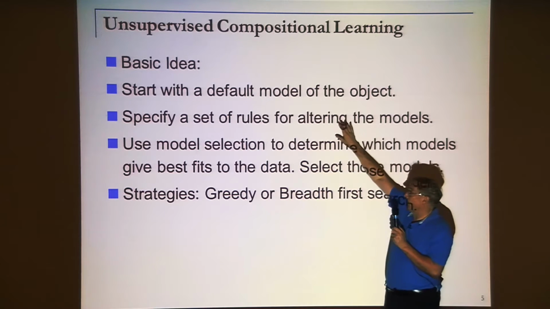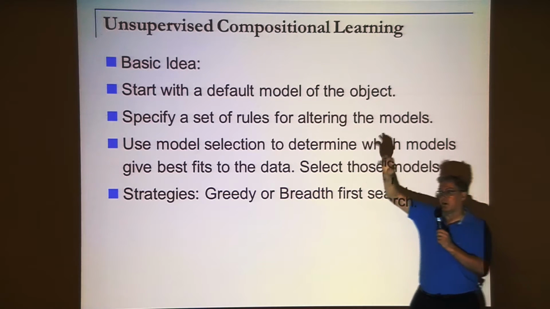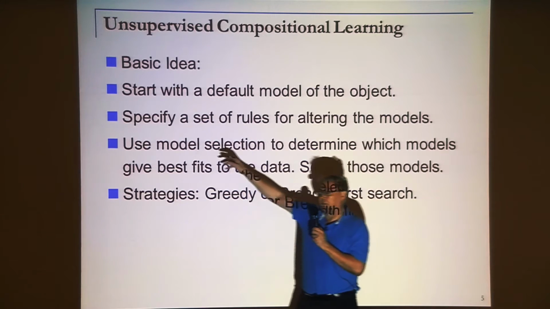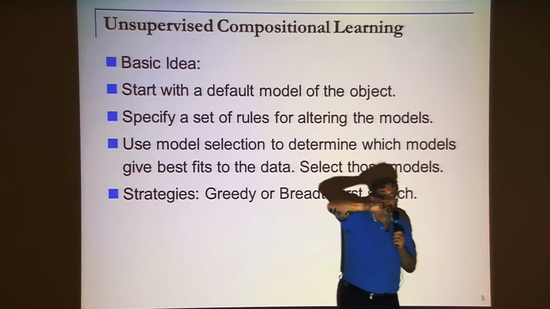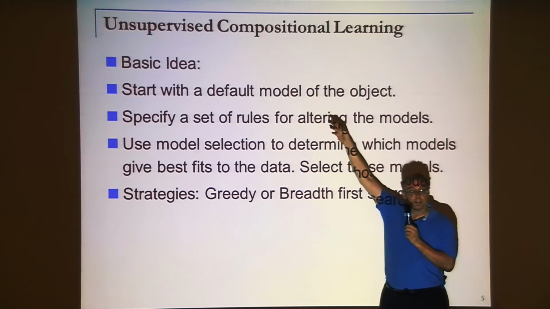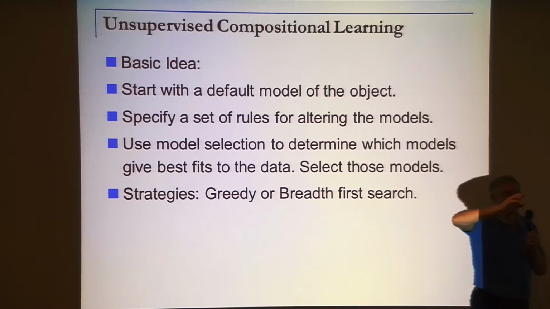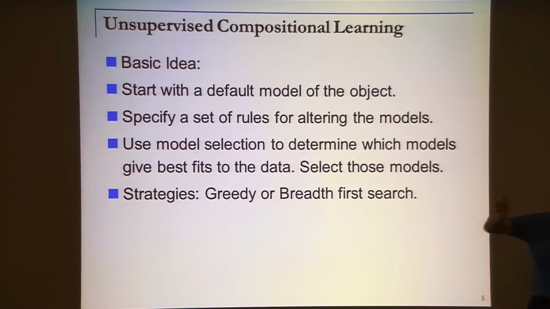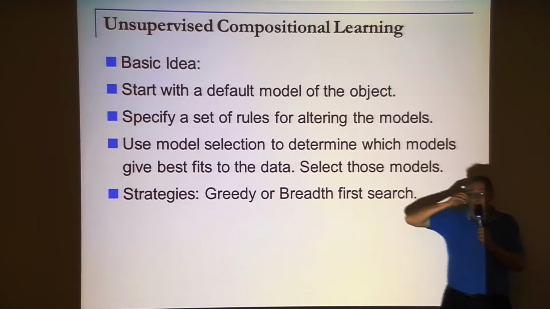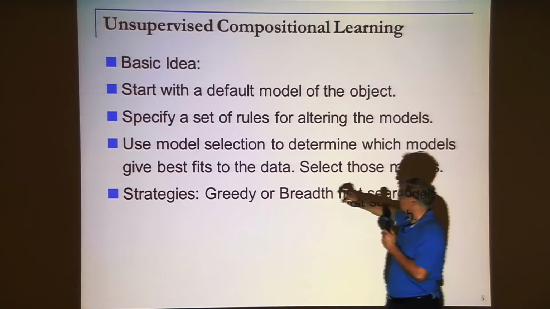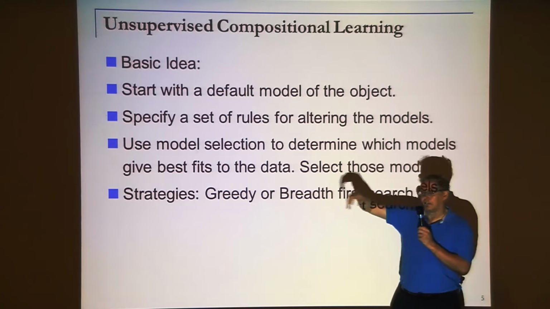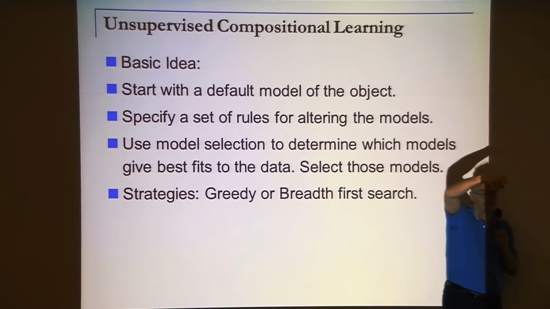And then once you've got these alternative models, you want to test them by doing model selection to see how well they explain the data compared to, say, the default model or the other models you've got. If they explain the data better, then you've learned something. Okay. So there are various strategies here. A greedy strategy is you just have one model at any time.